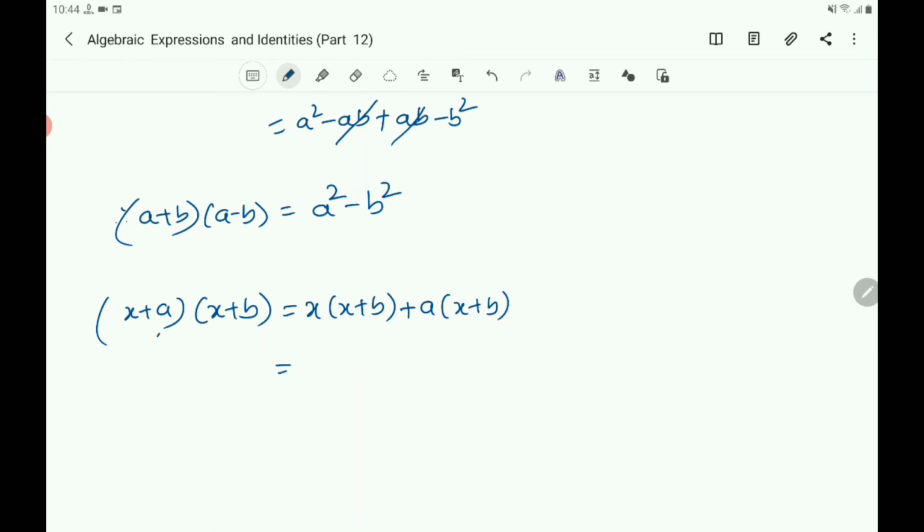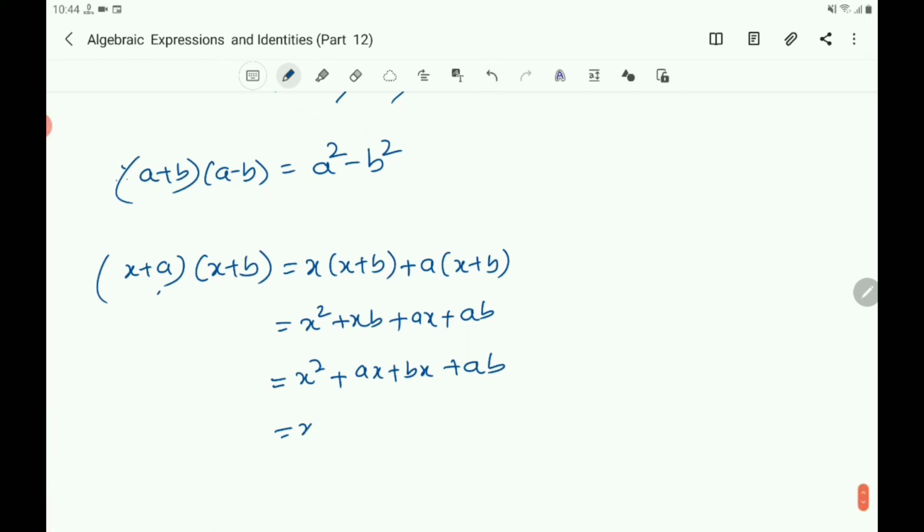Then you will get x into x is x square, plus x into b is xb, plus a into x is ax, plus a into b is ab. Then you will get x square plus, you write ax first, then bx, plus ab. Here what you have done, these two terms are exchanged because a comes first.